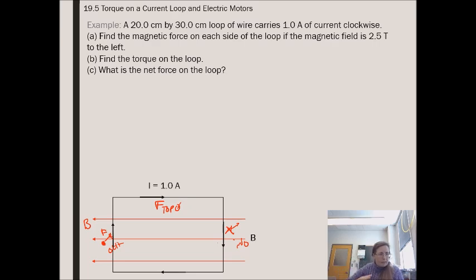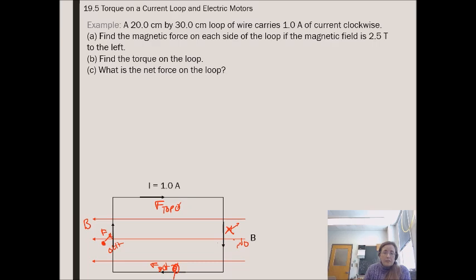And then we bring our hand down and now our current is going the same direction as our magnetic field, so the angle is 0, and the force on the bottom is exactly 0.